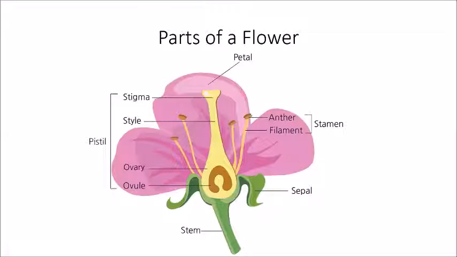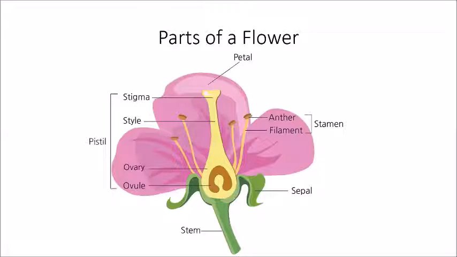So the pistil is going to have the ovary and the ovule inside of it. This is why we call it the female reproductive part of the flower, because this is where you're going to find the egg cells. In addition to the ovary and the ovule, you also have the stigma and the style.